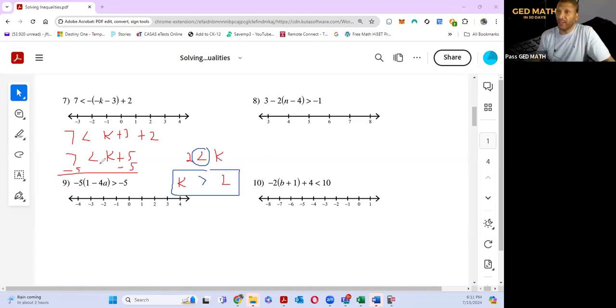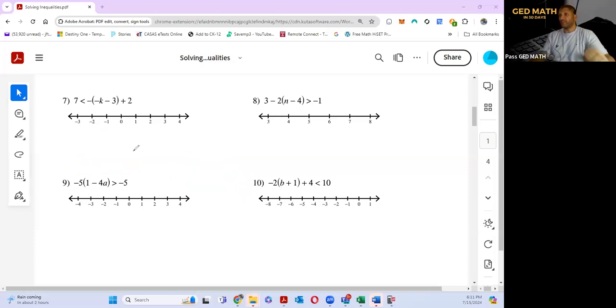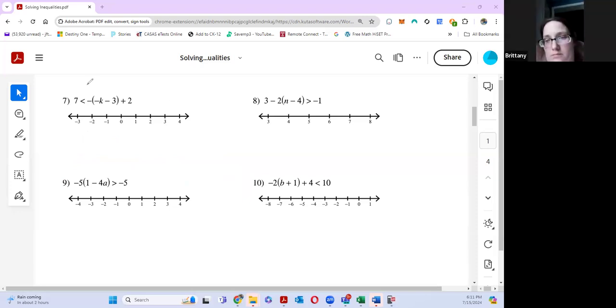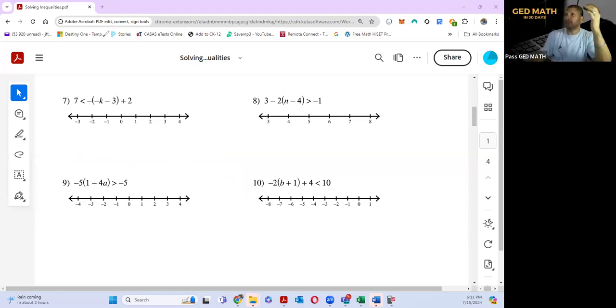Okay, let's try number 9. Let me see if I can find one with a fraction, because those are the ones that give you difficulty, right? I can make one up. Let me go to a blank page.